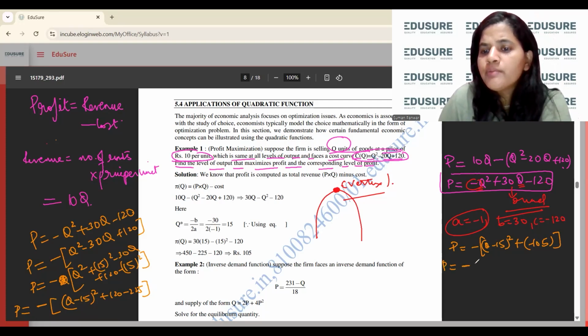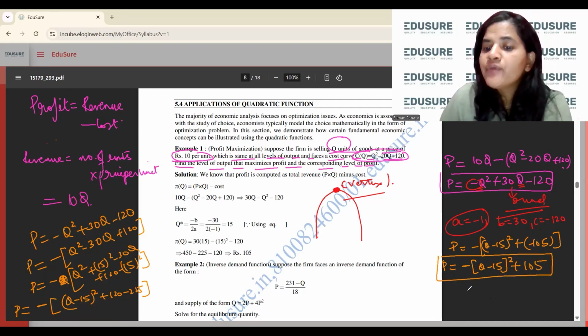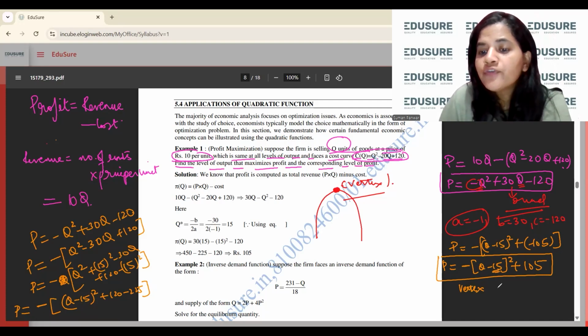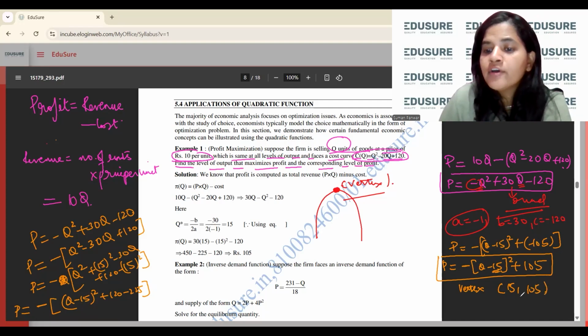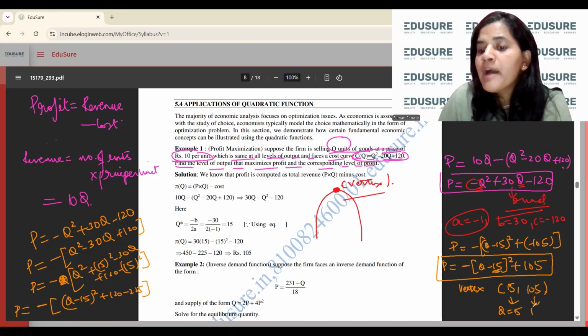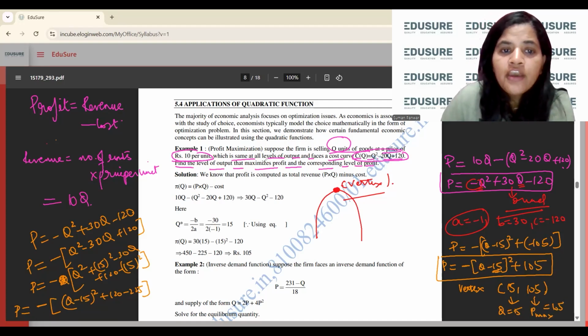So P is going to be minus (q minus 15) square plus 105. And now you can see where the vertex is. The vertex occurs at q equals 15. So when q is equal to 15, we are going to achieve the maximum value, which is 105. So when the quantity produced is 15, the maximum profit is 105.